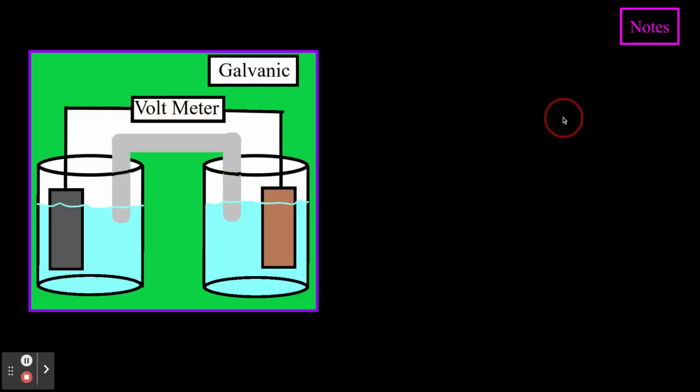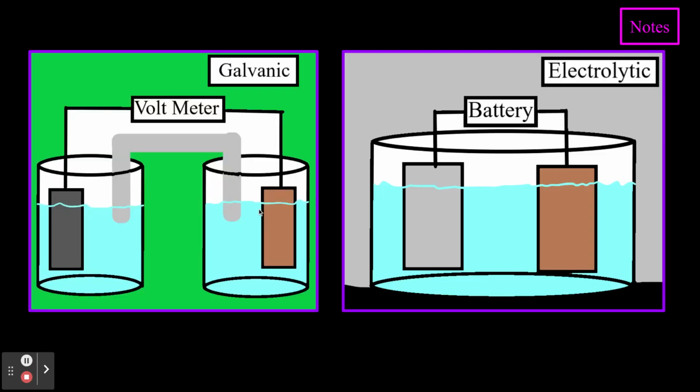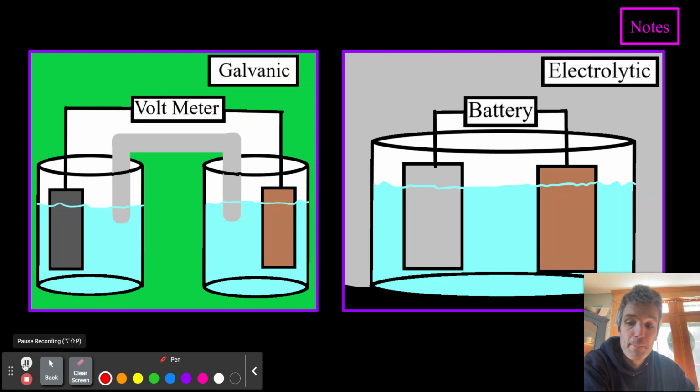All right, so let's look at the actual cells. What do they have in common? First off, what's going on in these things? The chemistry, it's a redox. You can't see it. It's the classic thing with chemistry, but it's there. These are redox reactions in both cases. Electrons are being given and taken.